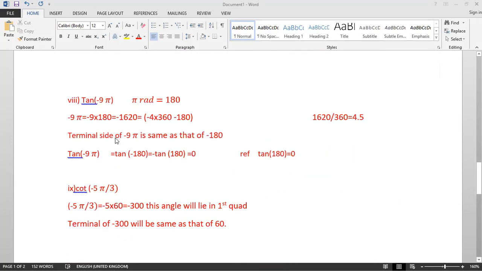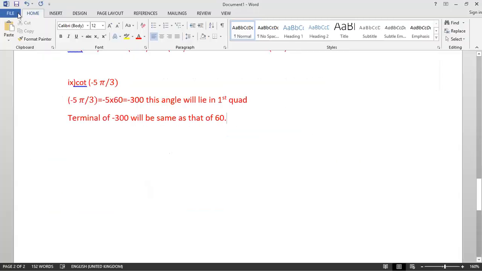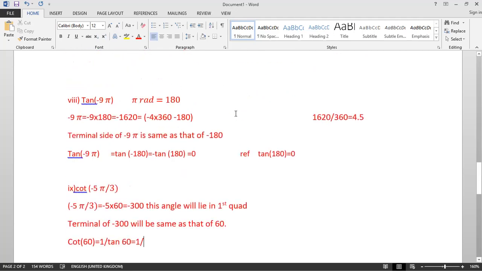The terminal side of minus 300 will be the same as that of 60 degrees. So we will find cot 60 degrees, which becomes 1 divided by tan 60 degrees, and we have a value for tan, that is under root 3.